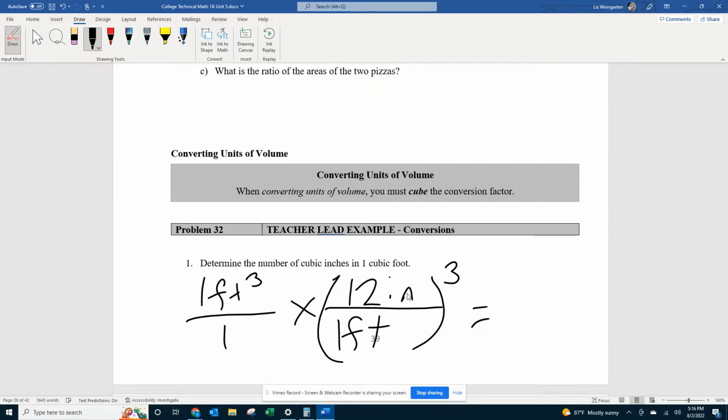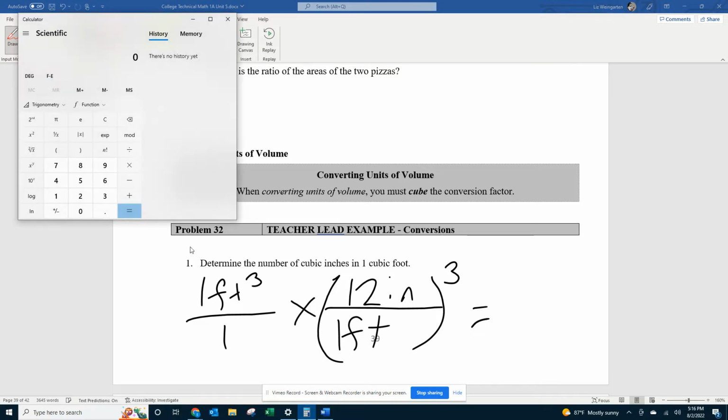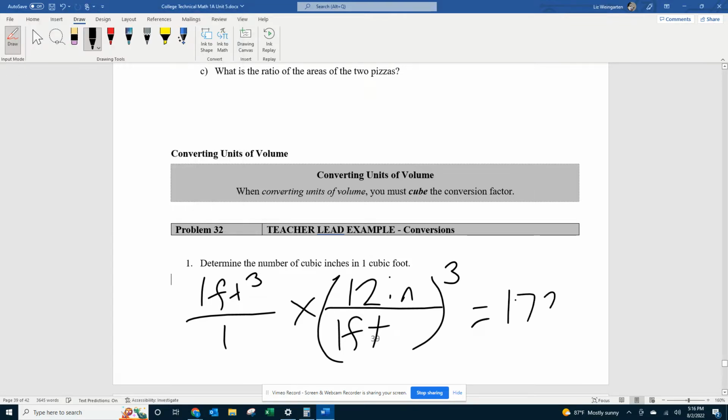So let's see what 12 cubed is. 1,728. So that's 1,728 inches cubed.